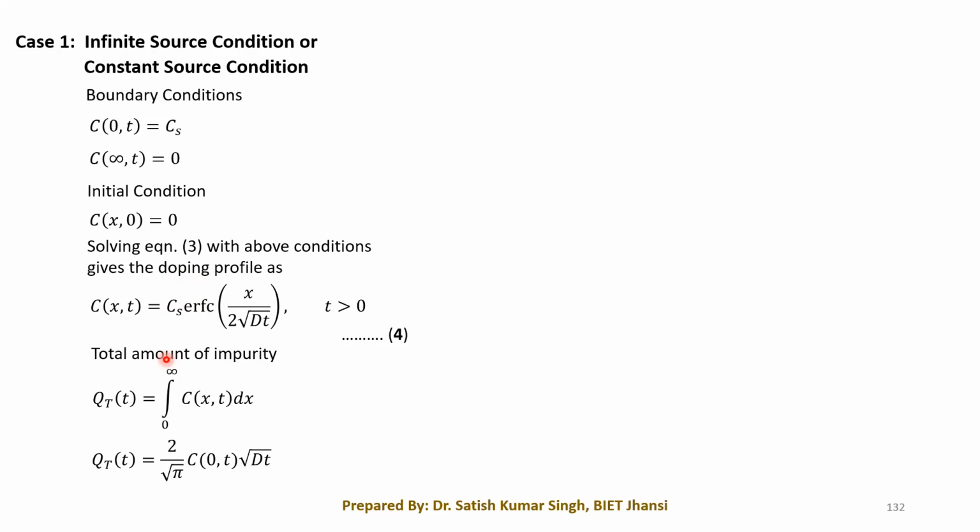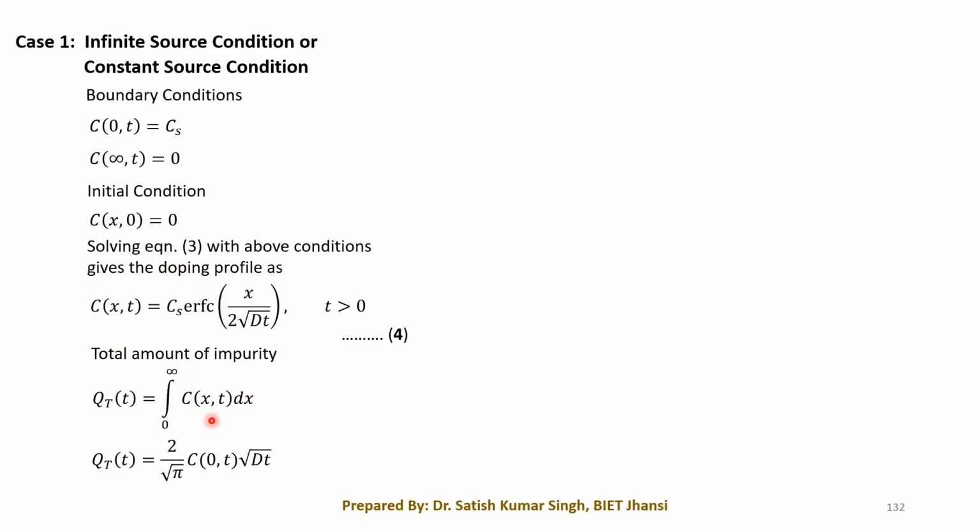So now we can calculate the total amount of impurity, or what the dose will be, that we have incorporated into our substrate. If we want to calculate the total amount of impurity, then we need to integrate this concentration of the impurity from 0 to infinity with respect to dx. Here we are considering a one-dimensional diffusion.